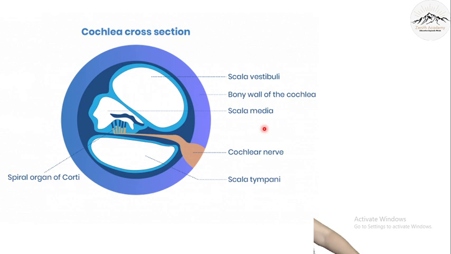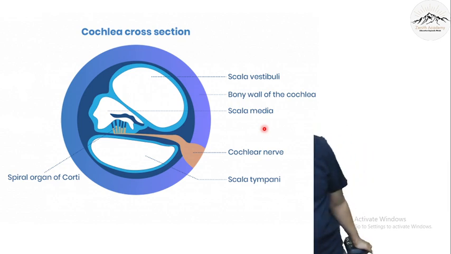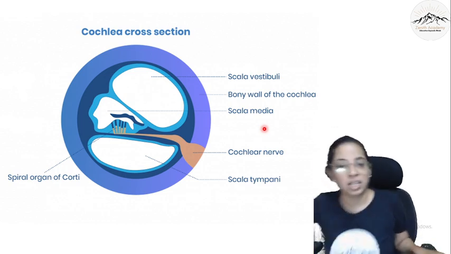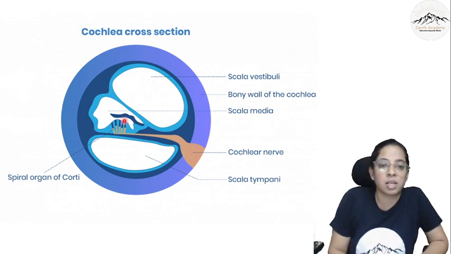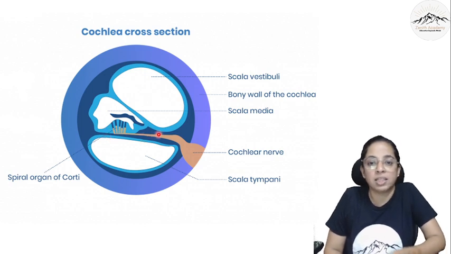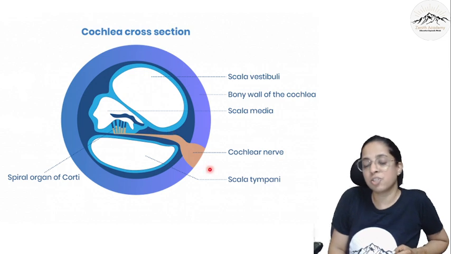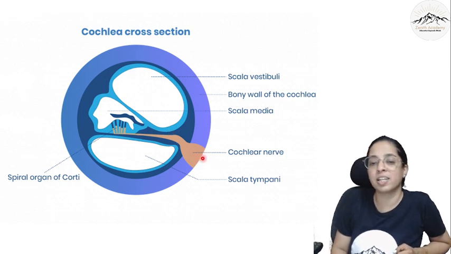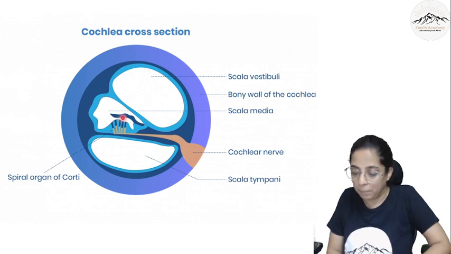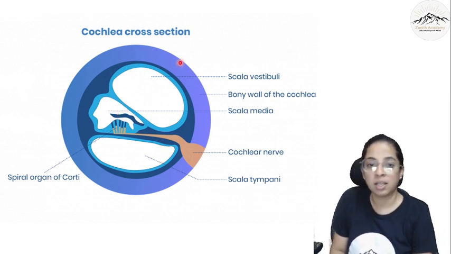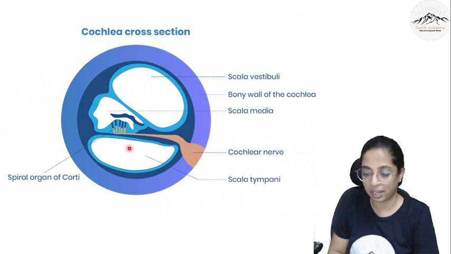So this is another diagram which you can see, a little simplified form. Now you can see these cells. This is known as the spiral organ of Corti. This is your sensory nerve, which connects to the sensory nerve. This nerve is basically known as the cochlear nerve. This is the median canal, this is the vestibular canal, this one is the tympanic canal.